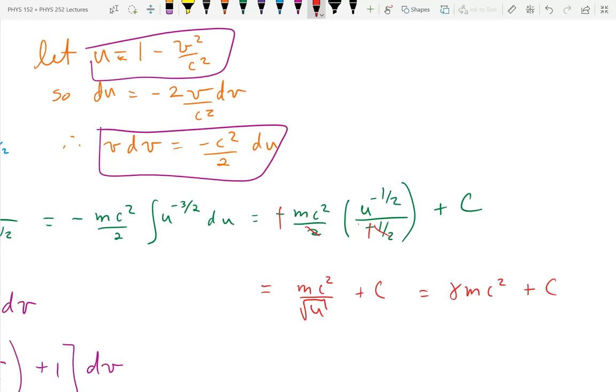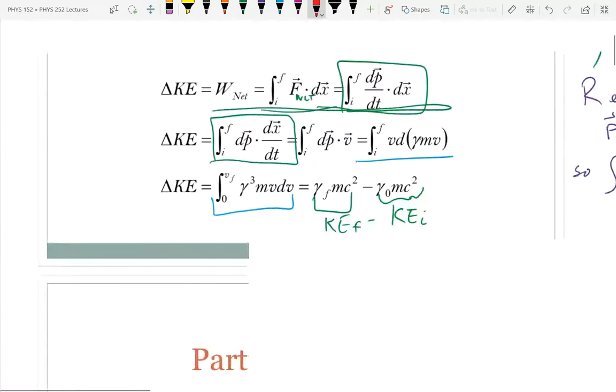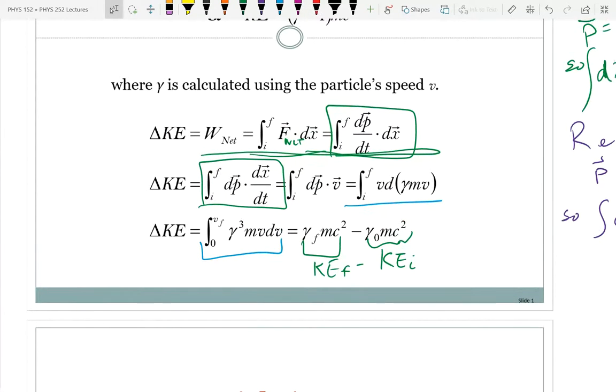Now, if you look back at my definition here, I actually did it with limits, just so I could say the difference in kinetic energy is final minus initial. Here I did it without limits, just saying kinetic energy plus constant.